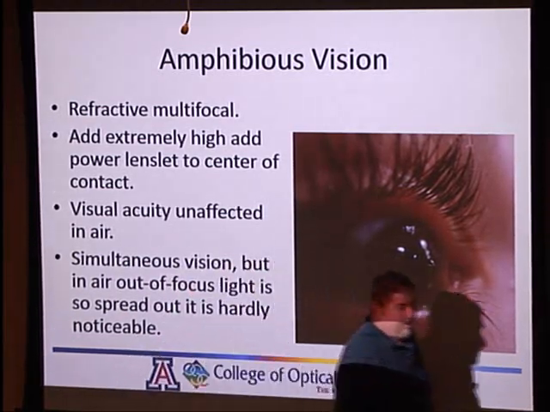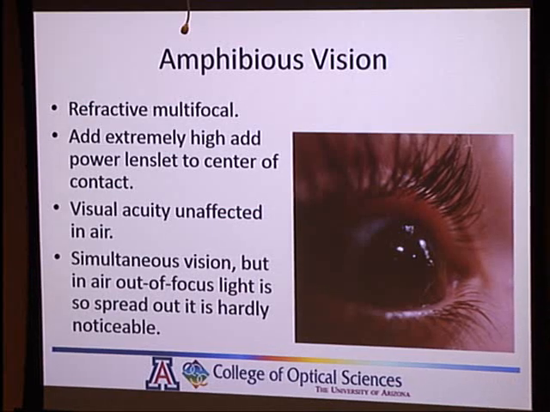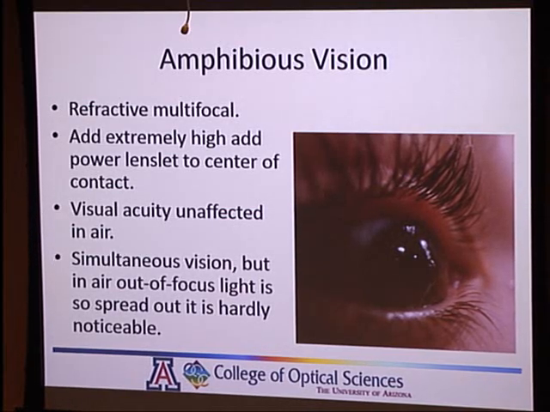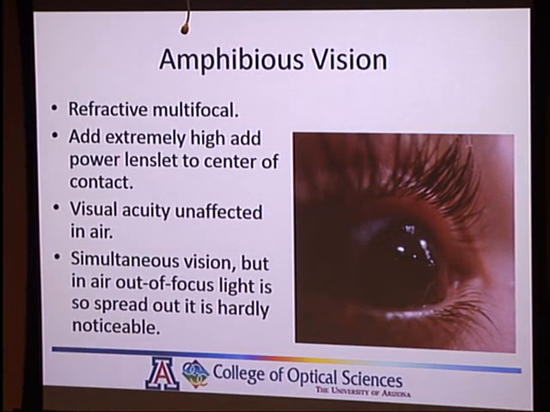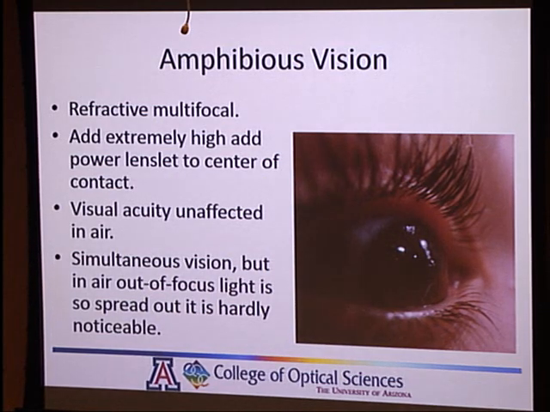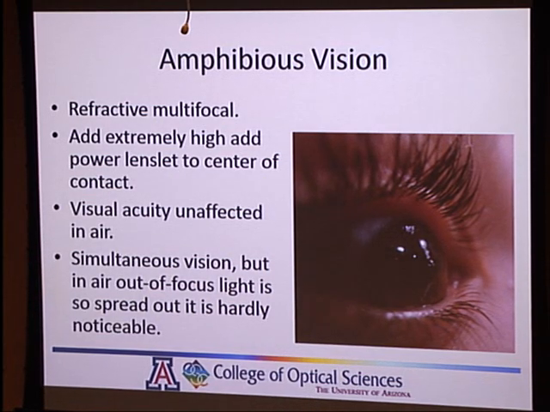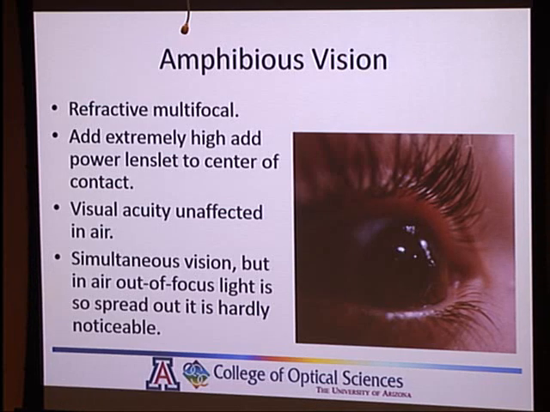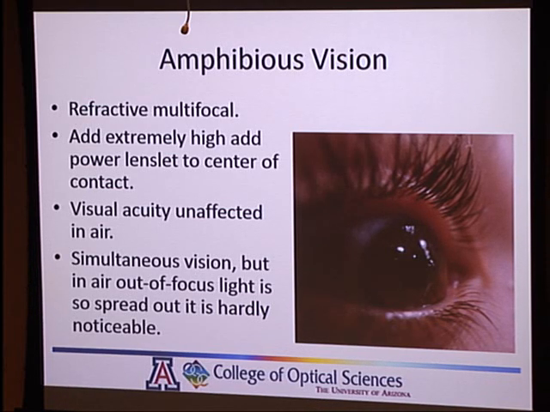One of the other things is if you go underwater, you have this interface between the water and the cornea, and you lose the focusing power of the cornea, because there's fairly small differences between the material of the cornea and the material of the water. So we can't see. Things are blurry underwater.